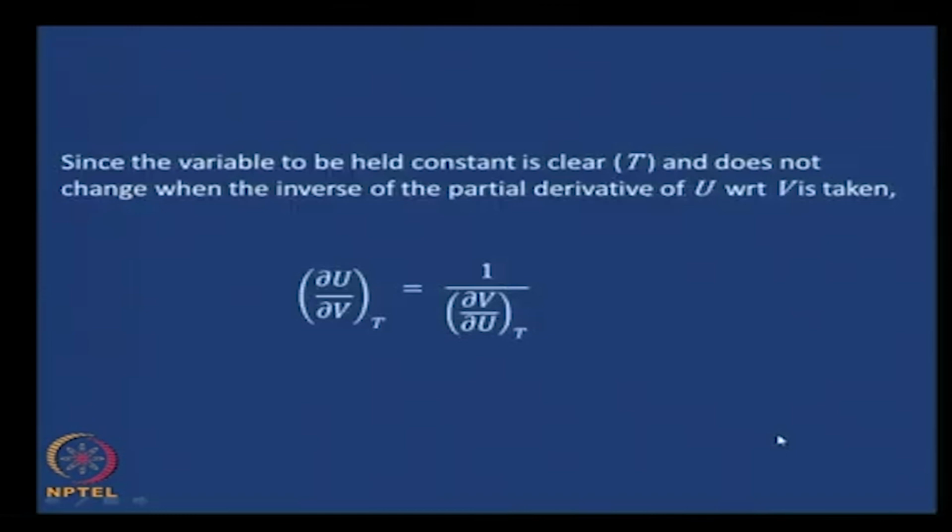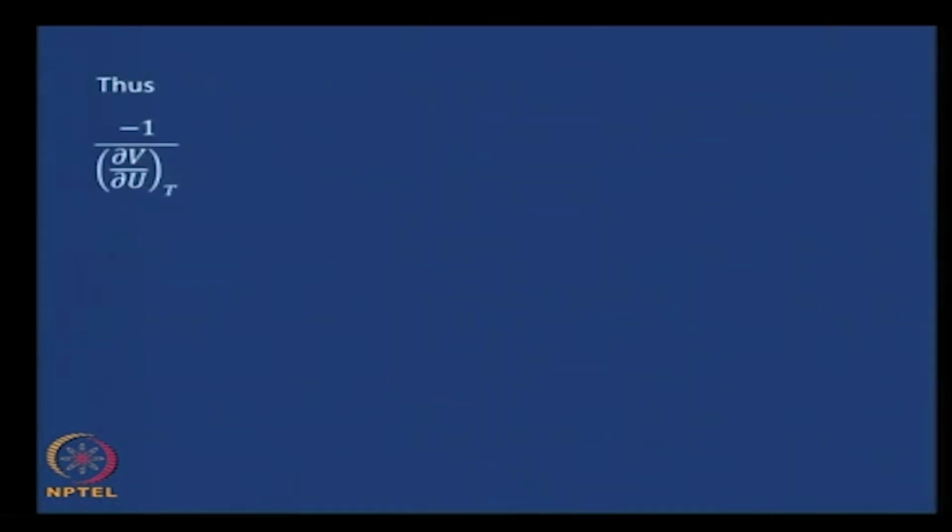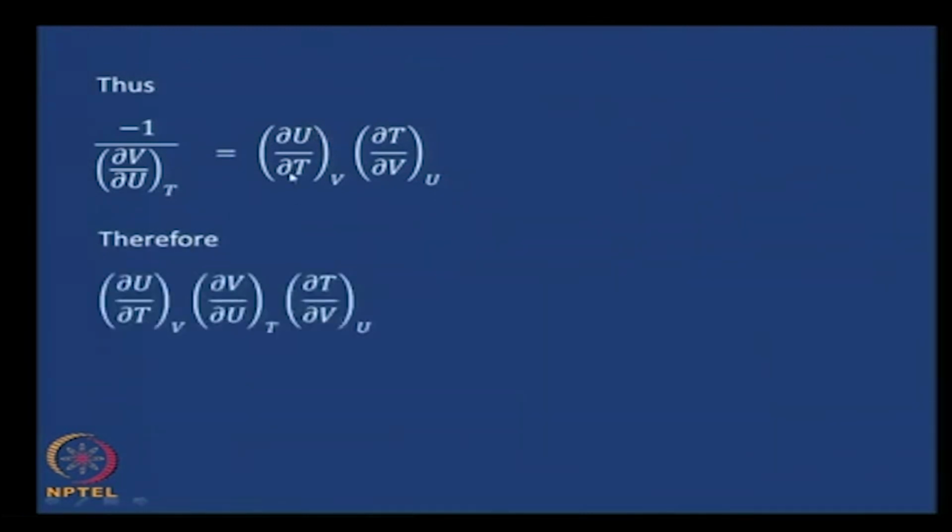And if we substitute the inverse, minus dou v dou u at constant t equals dou u dou t at constant v, dou t dou v at constant u, which can be transposed as dou u dou t at constant v, dou t dou v at constant u. I have just placed this in this order for a certain reason, I will tell you in a little while, times dou v dou u at constant t.